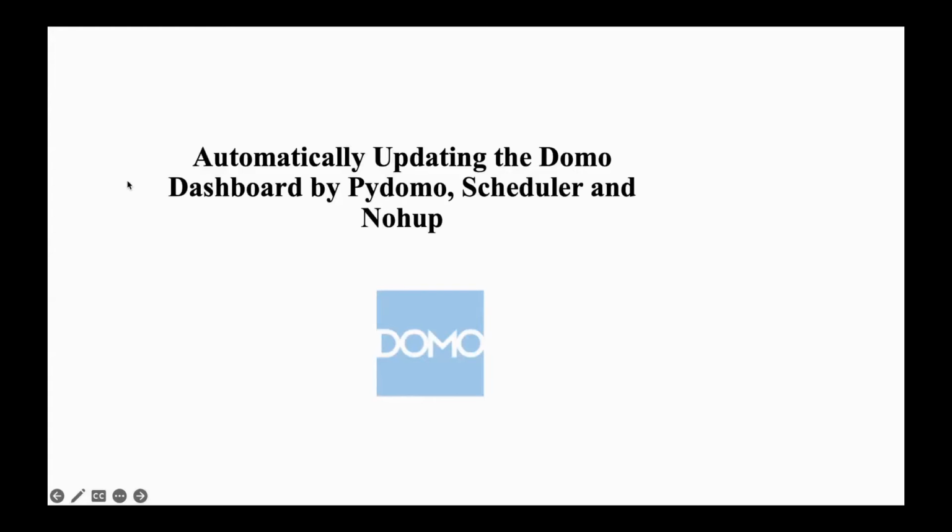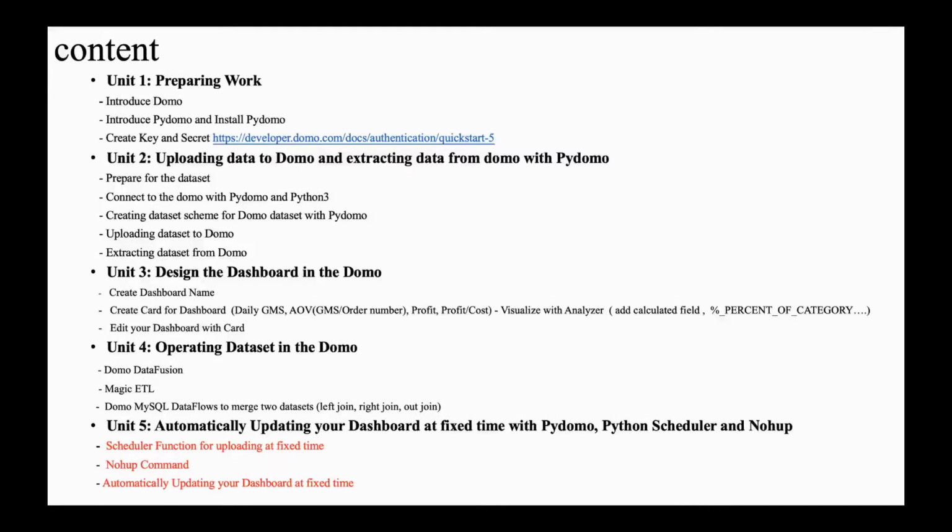Today I'd like to introduce how to automatically update your dashboard. In the last 4 units, I introduced how to create the PyDomo Domo key and secret for using PyDomo, and also how to update the data from local to Domo with PyDomo.